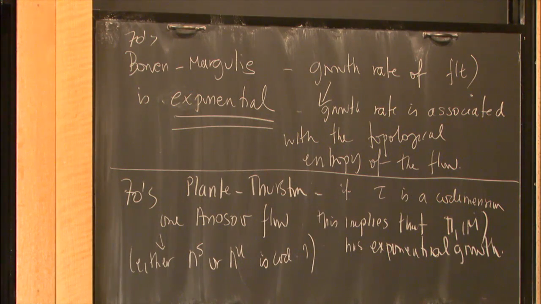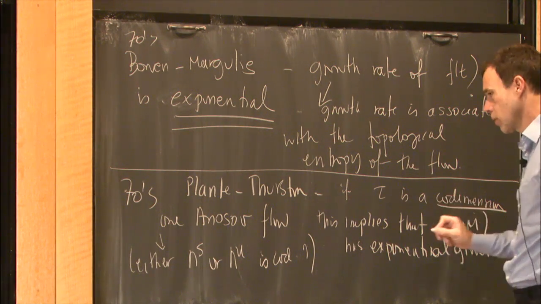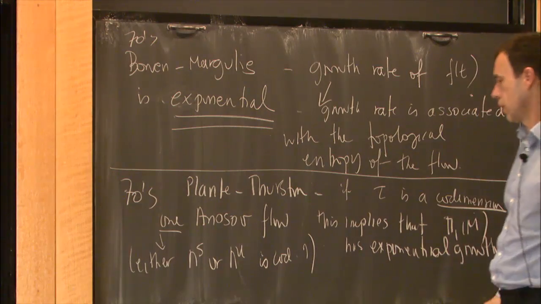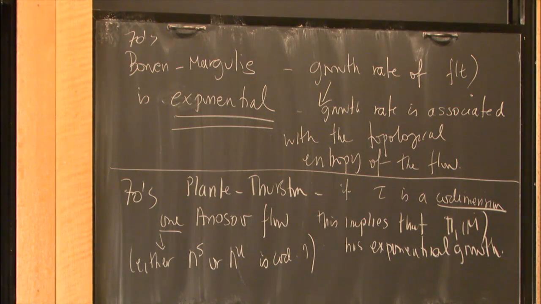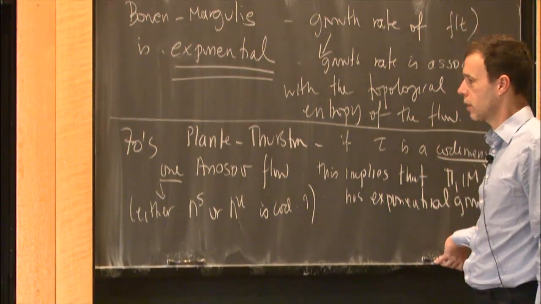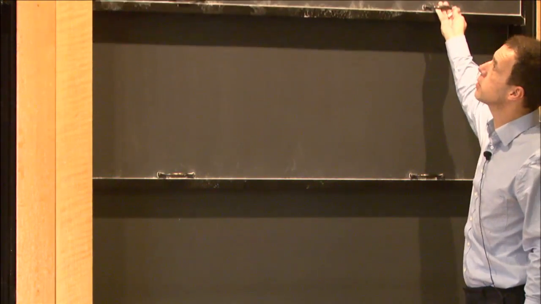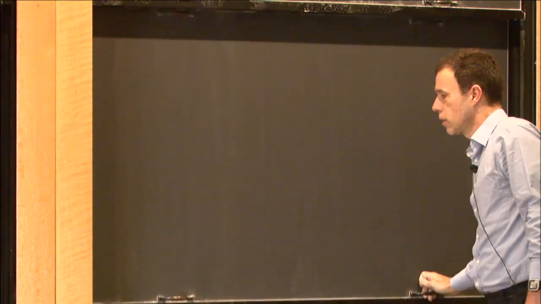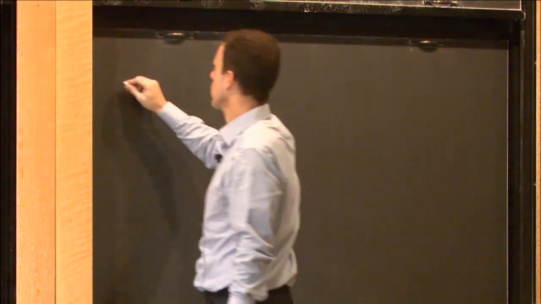Okay. Now it turns out that codimension 1 is extremely important. As a matter of fact, there's a conjecture for higher codimension Anosov flows, which I'm not going to get into here. And they asked a question which generated this.